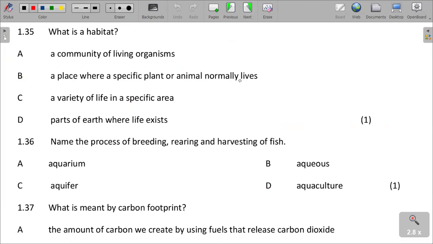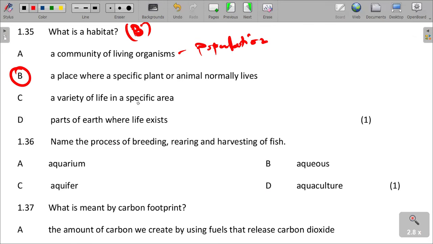What is a habitat? A habitat is a place where a plant or animal lives. A place where plants or animals live, we call that a habitat. A community of living organisms is called a population.